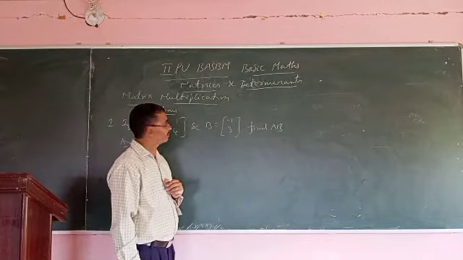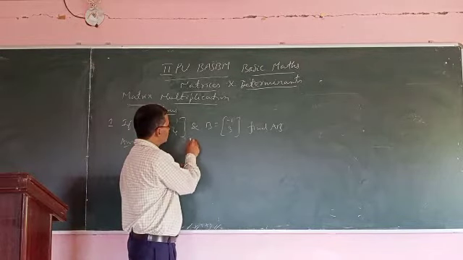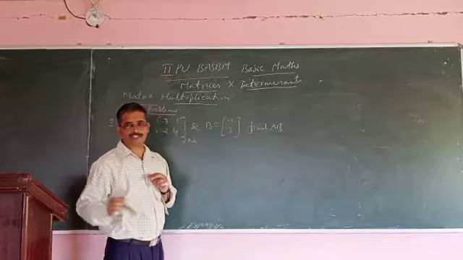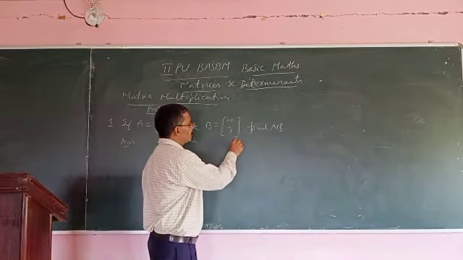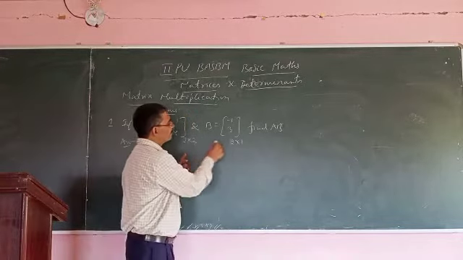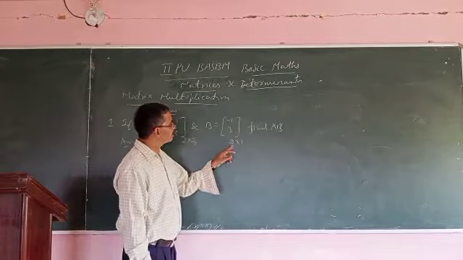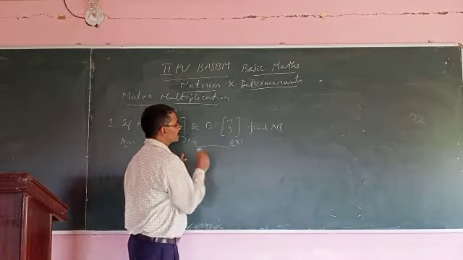First of all, check the order. A is of order 2 by 2, B is of order 2 by 1. Here 2, here also 2. The number of columns of A equals the number of rows of B, so multiplication is possible.